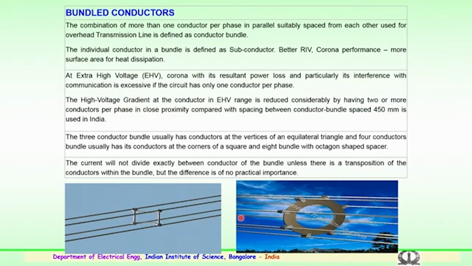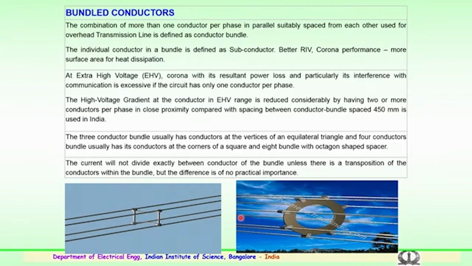That is one of the important properties. At higher voltages, this becomes advantageous. At EHV, extra high voltage, and ultra high voltage, corona with its resultant power loss and particularly interference with the communication is excessive if the circuit has only one conductor per phase.